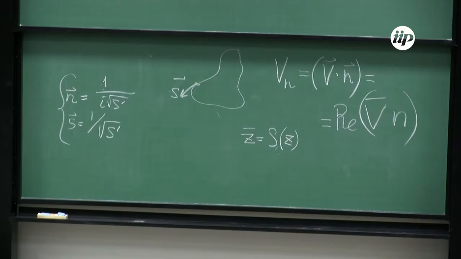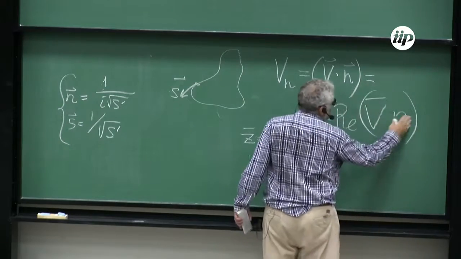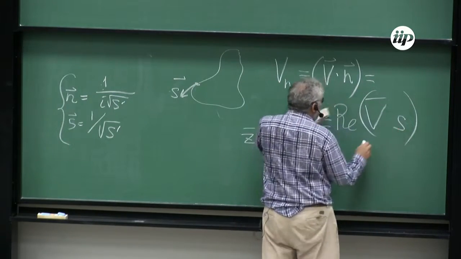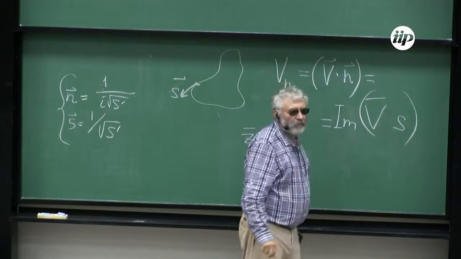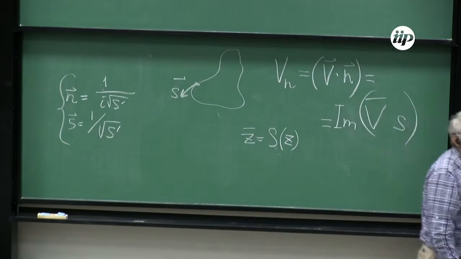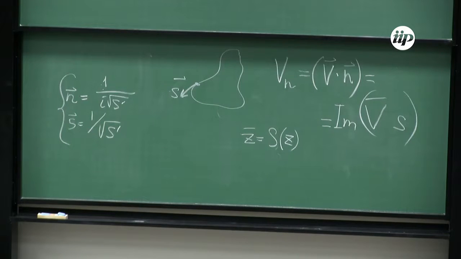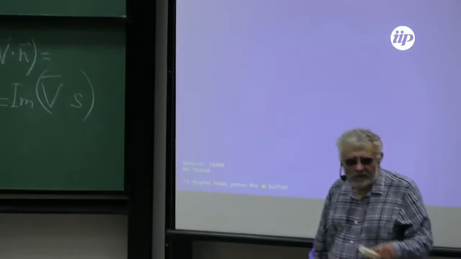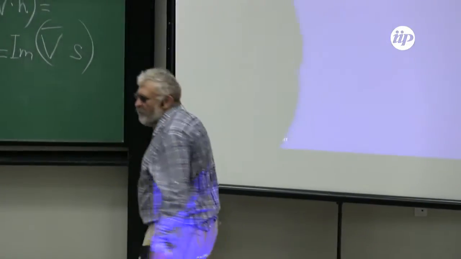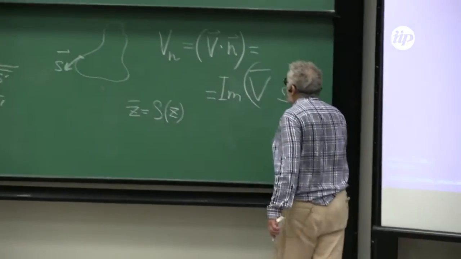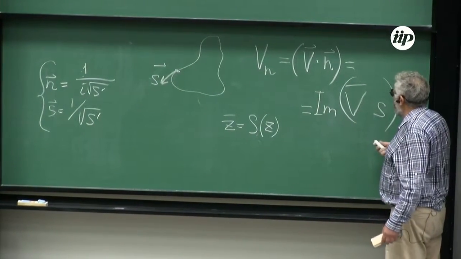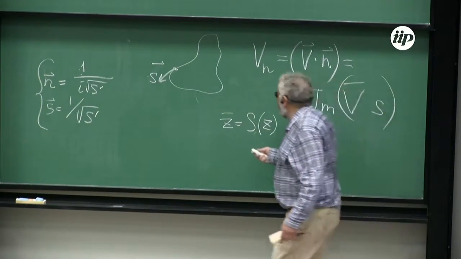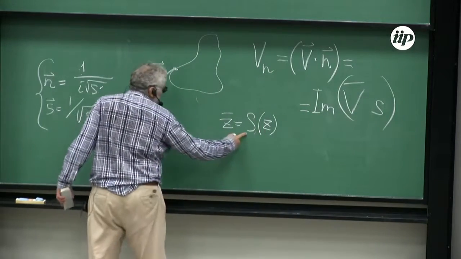Or if I switch here from normal to tangential, it's rather the imaginary part, because tangential is a 90 degrees rotation of normal. I have a feeling that you may agree. Now, I would like to differentiate this equation with respect to time.